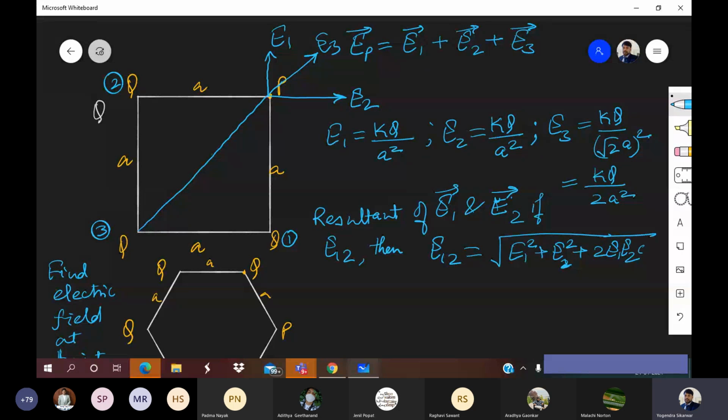Okay, and that will be under the root of E1 square plus E2 square. So that will be KQ upon A square plus KQ upon A square. So that comes out to be root 2 times KQ by A square. That is the value of E12.